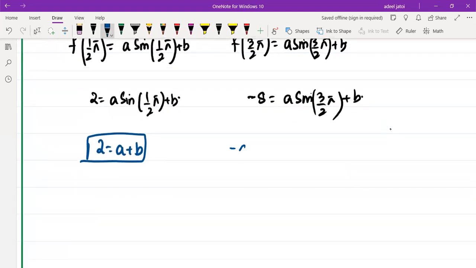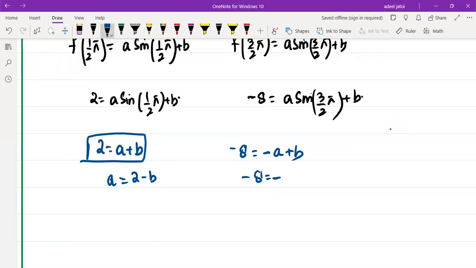Knowing that minus 8 is equal to f(3π/2), obviously we will have a negative value, minus a plus b, because sin(3π/2) will always be on the negative side. So minus 8 is equal to minus a plus b. a should be 2 minus b.